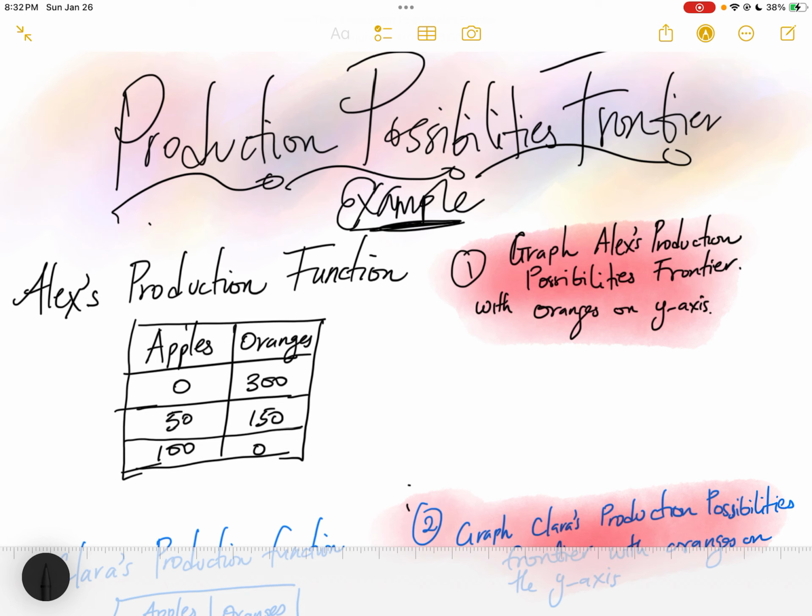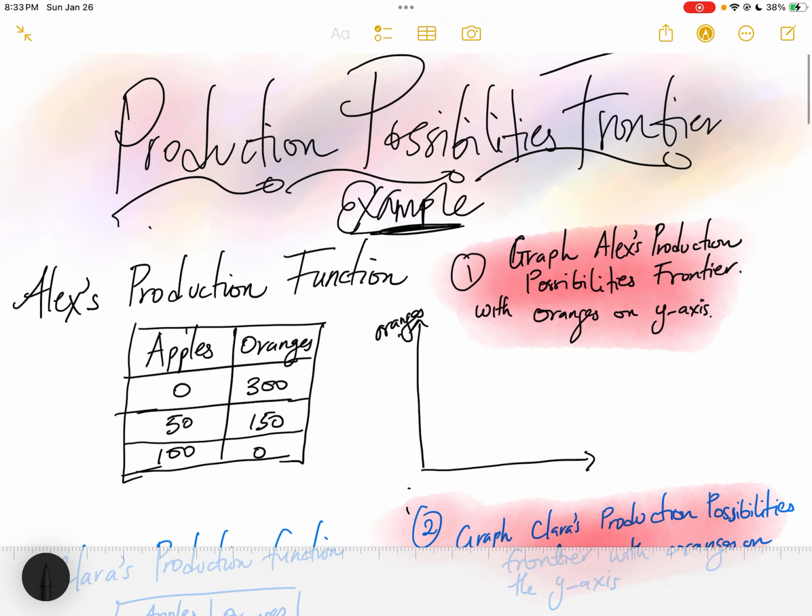Looking at Alex's production function, we have two goods here, apples and oranges. Just looking at this table, can I draw a PPF for Alex? Yes, I can. I put oranges on the y-axis and apples on the x-axis.